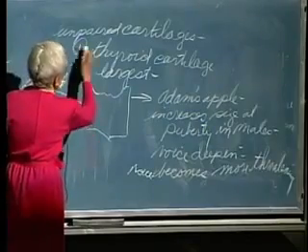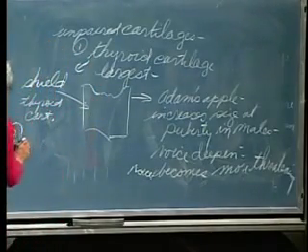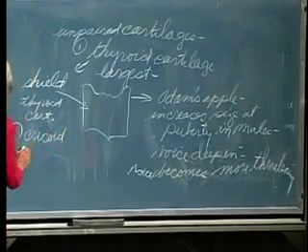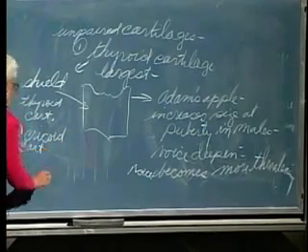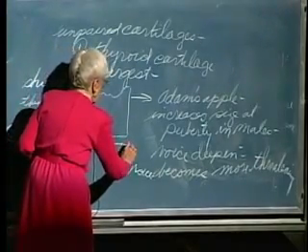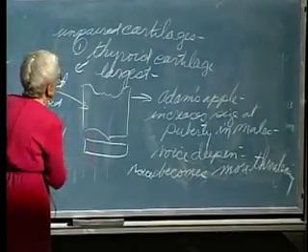The next one will be the cricoid cartilage. It will be just immediately inferior to the thyroid cartilage.